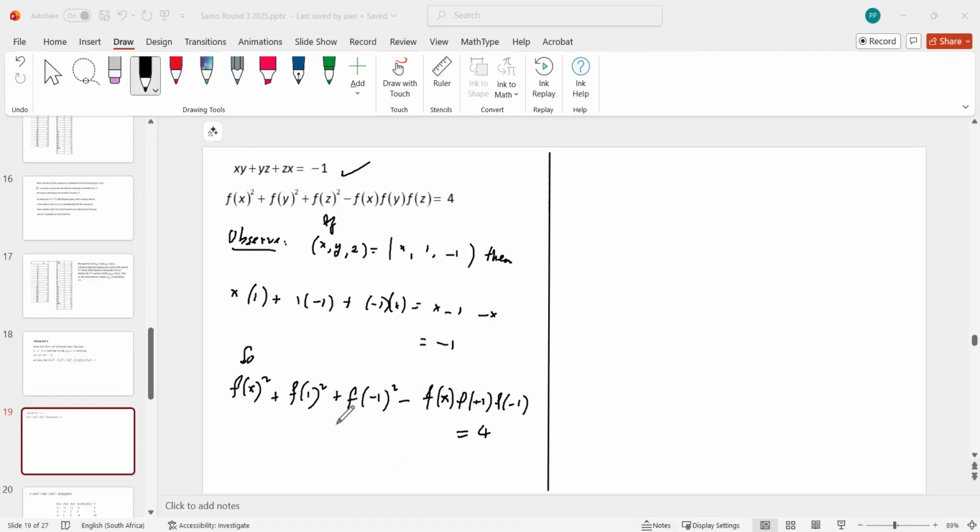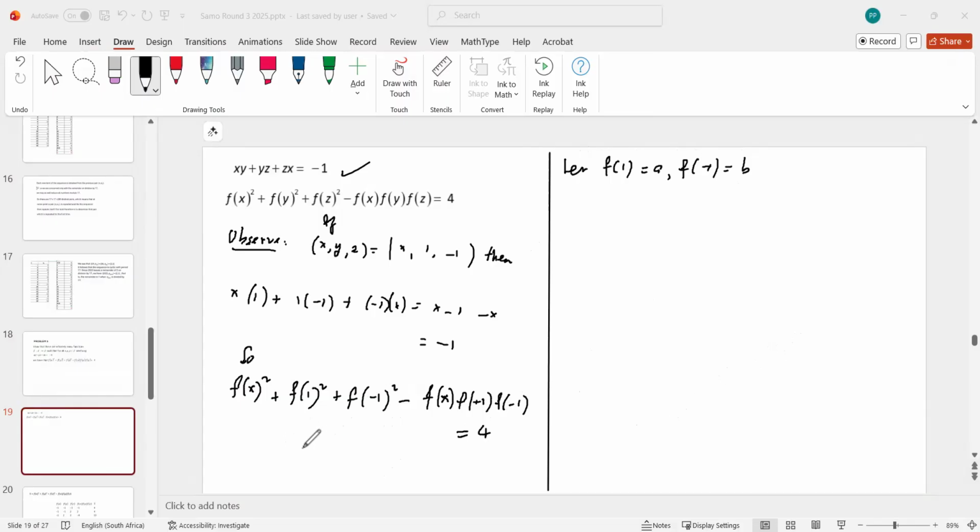All right, let me give a name to f of 1 and f of minus 1. Give two names. Let f of 1 be equal to a, and f of negative 1 equal to b. And this is very cumbersome, like this.